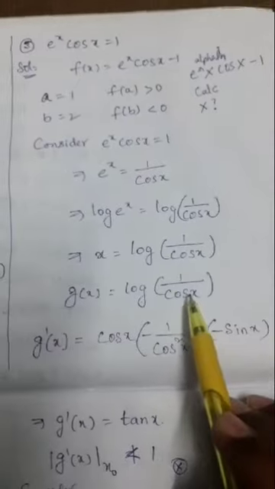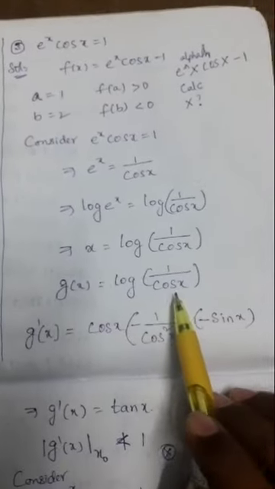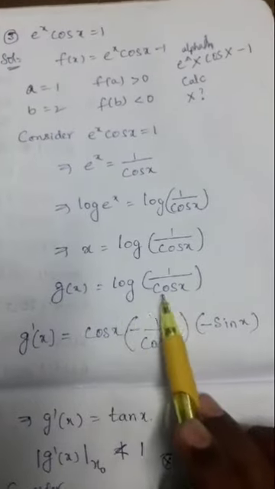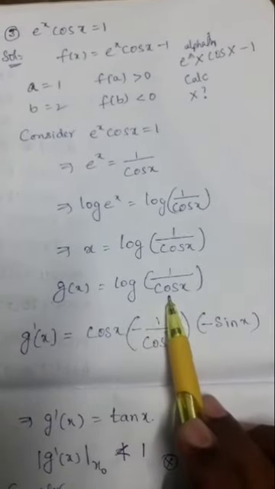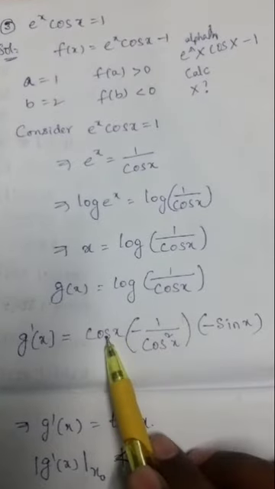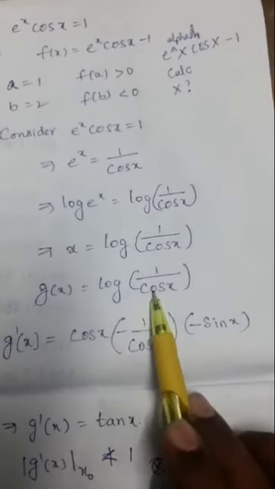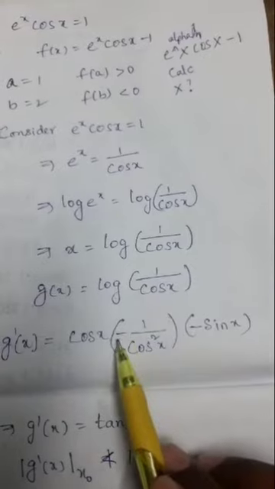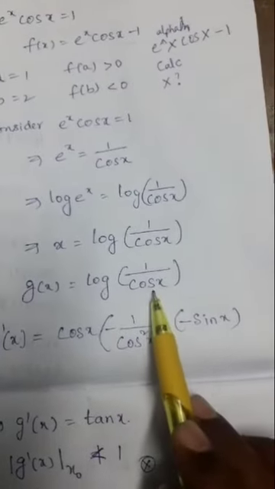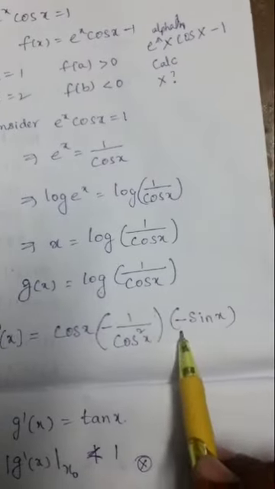Now I will calculate the differentiation of g(x). That means g'(x) is the derivative of log of 1/cos x. Log x derivative is 1/x, that means 1/cos x means cos x. And the derivative of 1/x is minus 1/x², so minus 1/cos² x. Differentiating cos x, it is minus sin x.